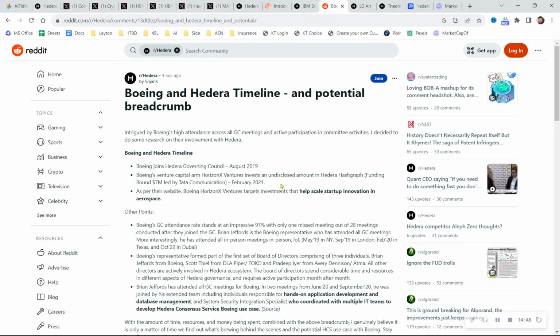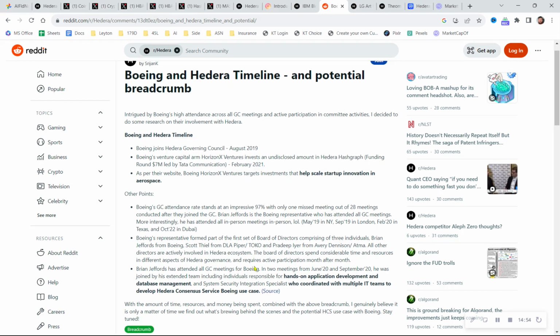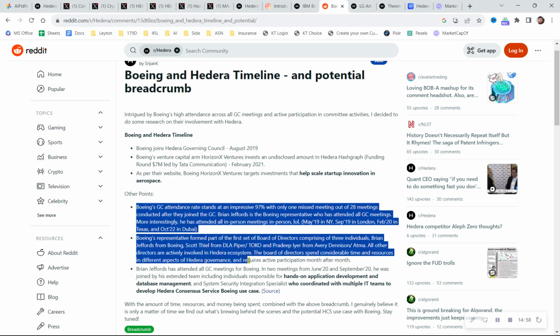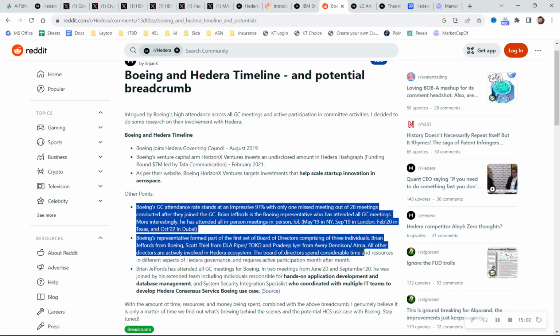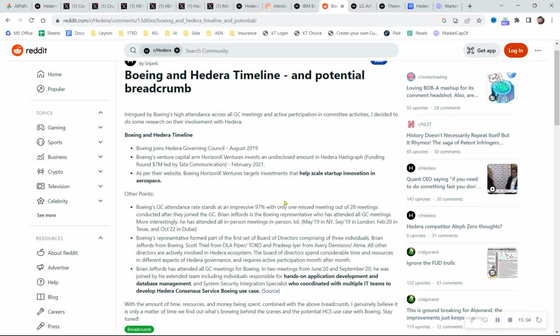There was some initial investment in 2021, and it seems like they have a lot of connections in between who's attending conferences and events and all kinds of stuff like that. So I think that is interesting.